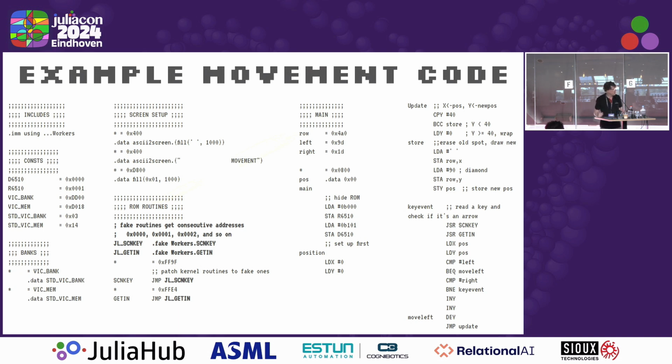And the way it does the fake is it starts them at 0 and gives them consecutive addresses, even though consecutive addresses don't make sense in a 16-bit addressing system with 8-bit words. So you've got them overlapping, but it's all fake. And so I just patched in scan key and get in to call the Julia routines there.